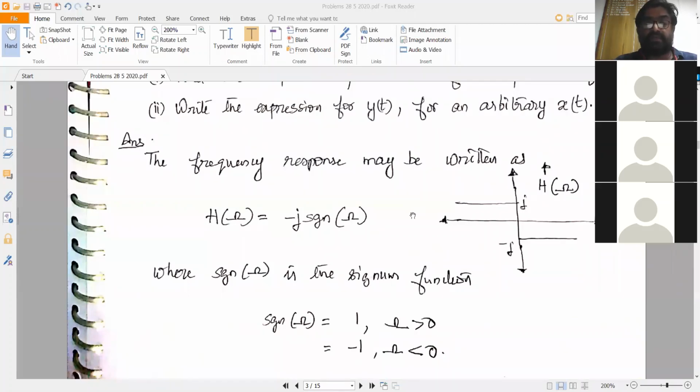So our frequency response H of omega is therefore equal to minus j signum of omega.